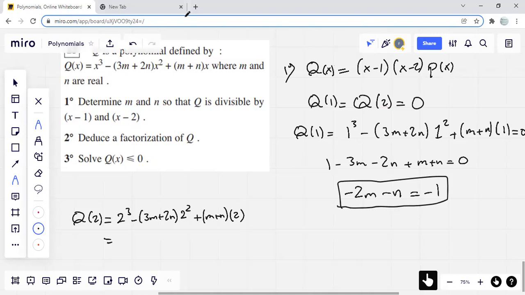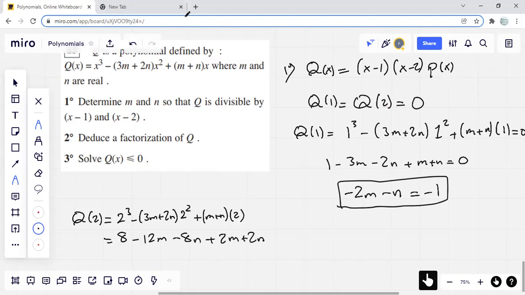This will be equal to 8 minus, 2 squared is 4, 4 times 3, we have 12m. Minus, now minus times 2n is minus 2n, minus 2n times 4, so we'll have minus 8n. Also here plus 2m plus 2n.